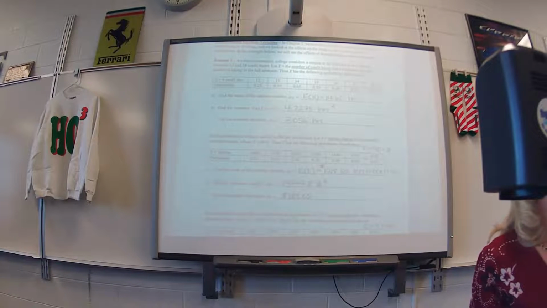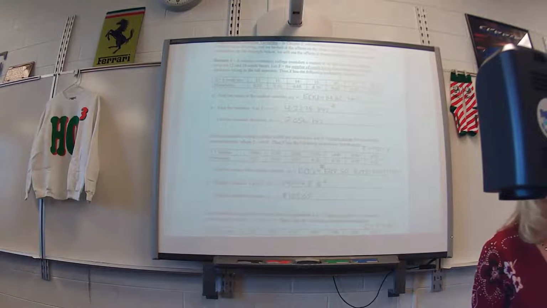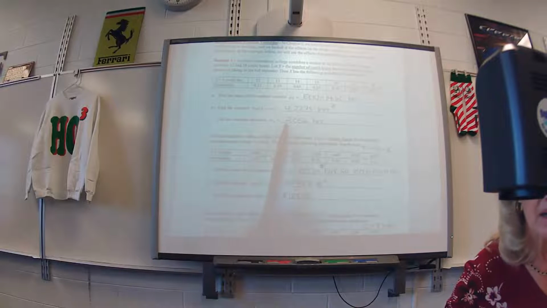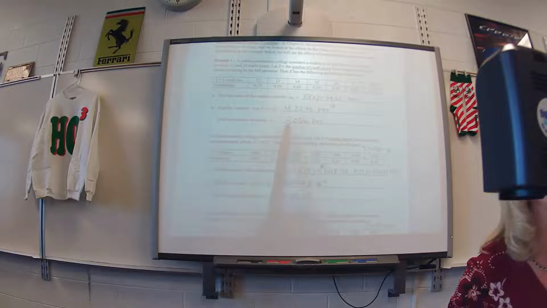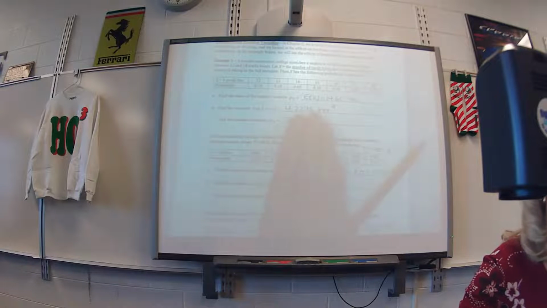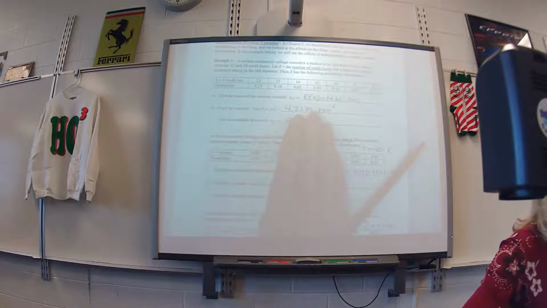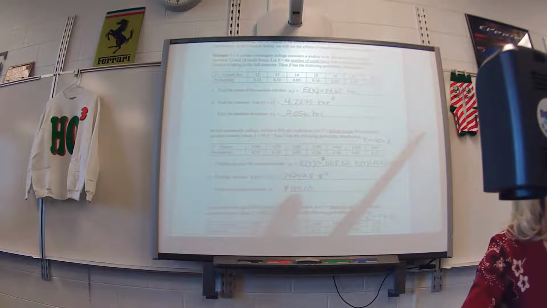Did the standard deviation do the same thing? Did the standard deviation go up by a factor of 90? Can you estimate what's 2 plus a little more times 90? What's 2 times 90? And we have 185.05.